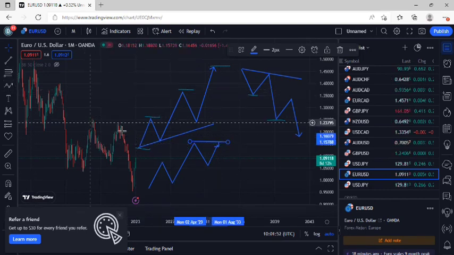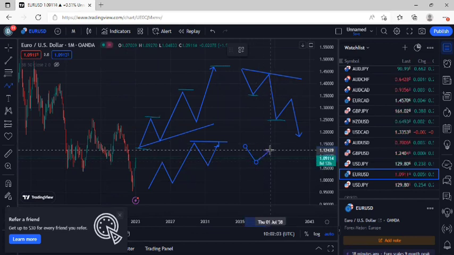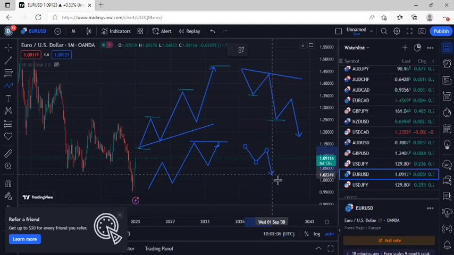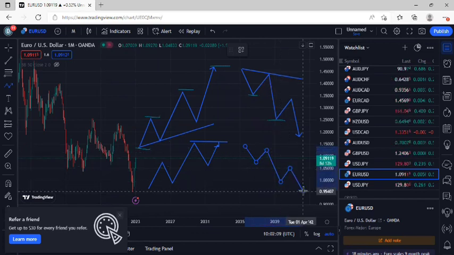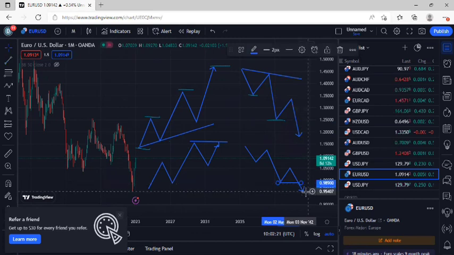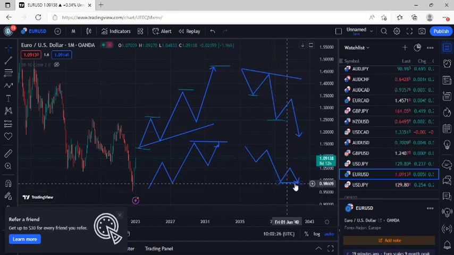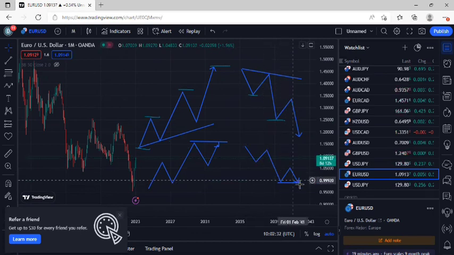The same thing for the downtrend. When you have a lower high, lower low, lower high, lower low, the moment the market cannot break this trend line here, let me correct that, that means there is a potential reversal.